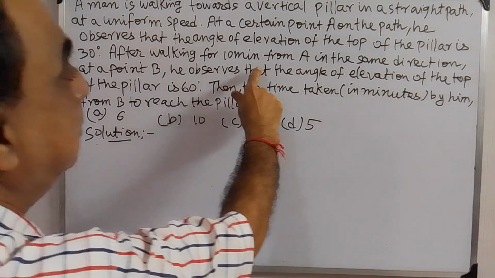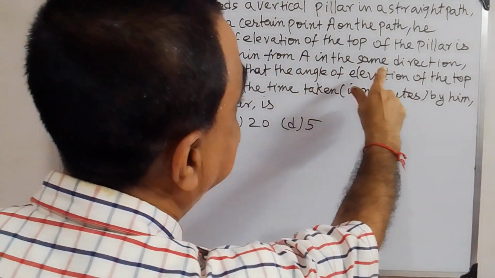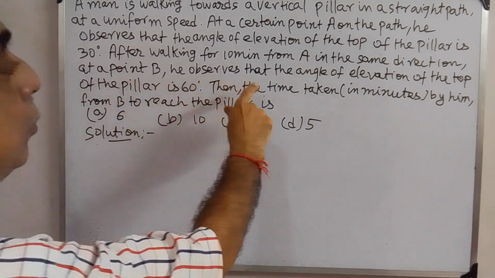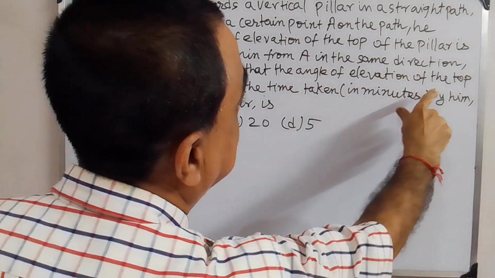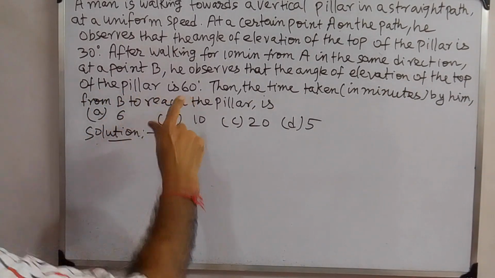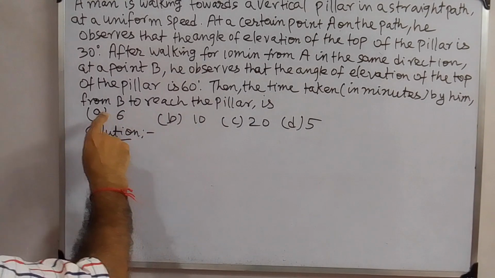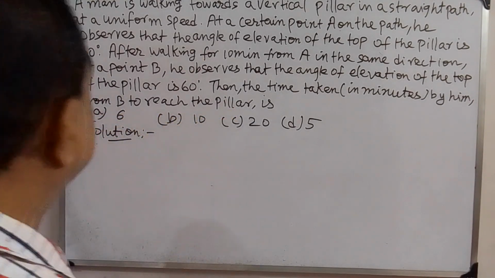After walking for 10 minutes from A in the same direction, at a point B, he observes that the angle of elevation of the top of the pillar is 60 degree. Then the time taken in minutes by him from B to reach the pillar is.